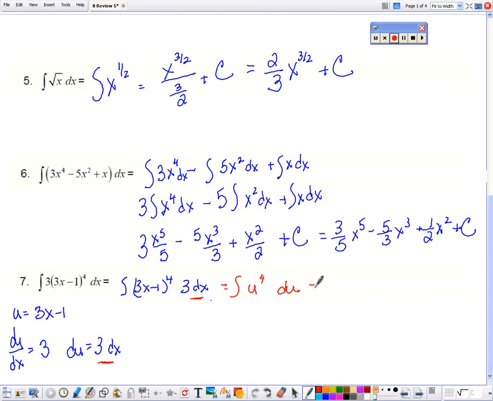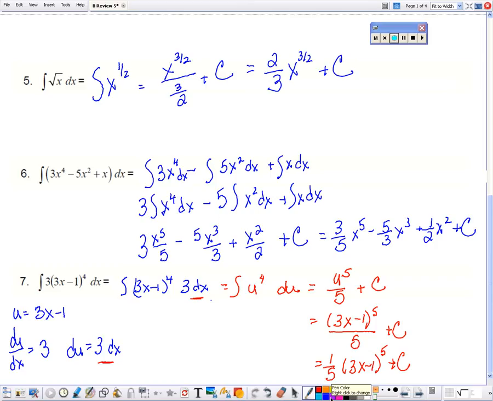So now taking the antiderivative, that's u to the fifth over 5 plus c, but u is 3x minus 1. We could rewrite this as 1/5 (3x minus 1) to the fifth plus c. Either one of these forms would be correct.